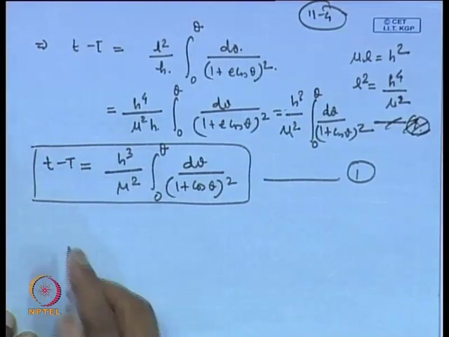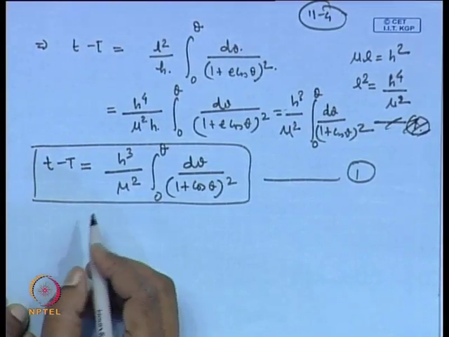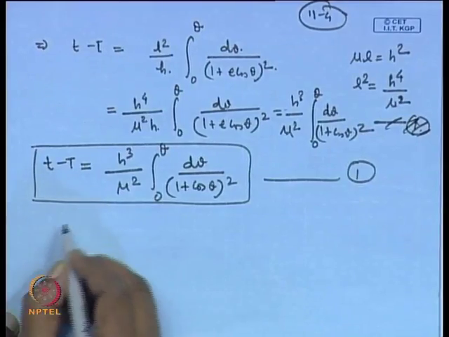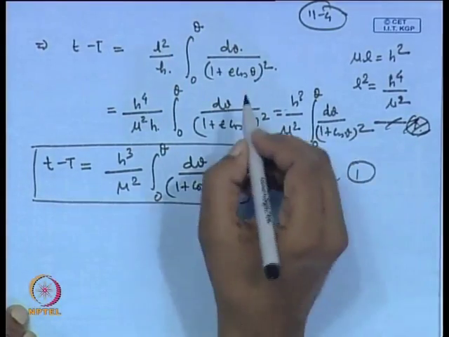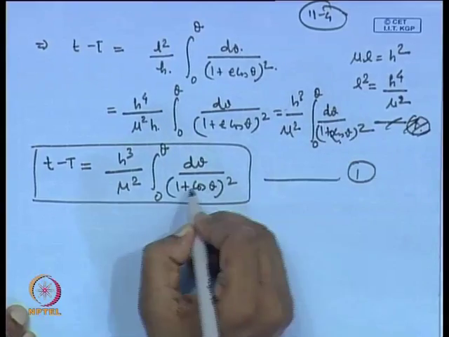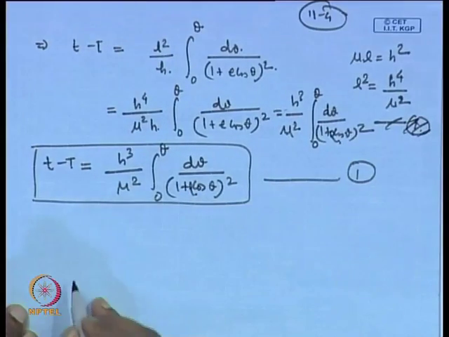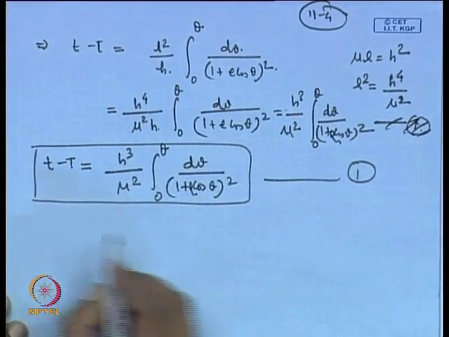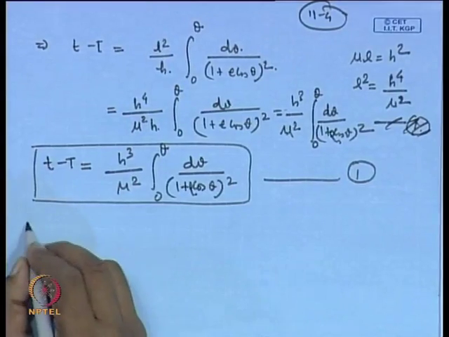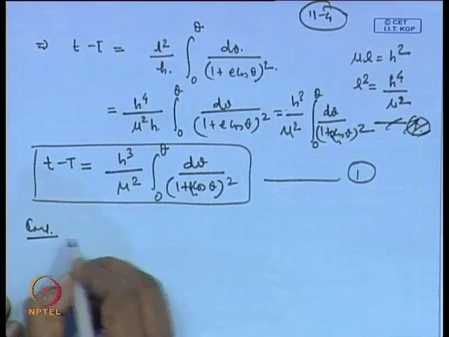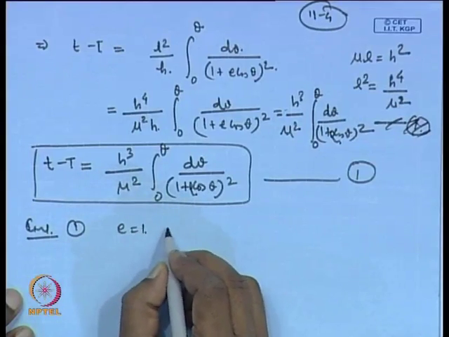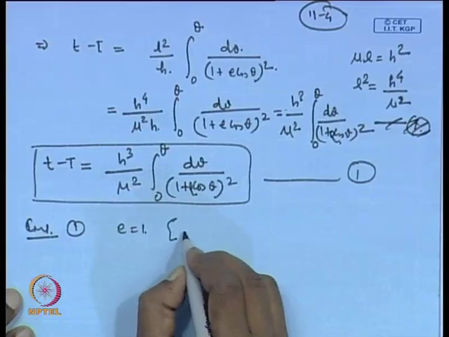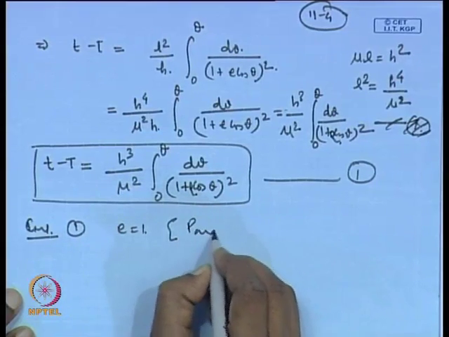Solving this equation requires certain manipulation. So, we first solve it for the case where e is equal to 1. Here we have missed out e cos theta, we put here e cos theta. Okay. So, we deal with case 1 when e is equal to 1. This is the parabolic orbit.